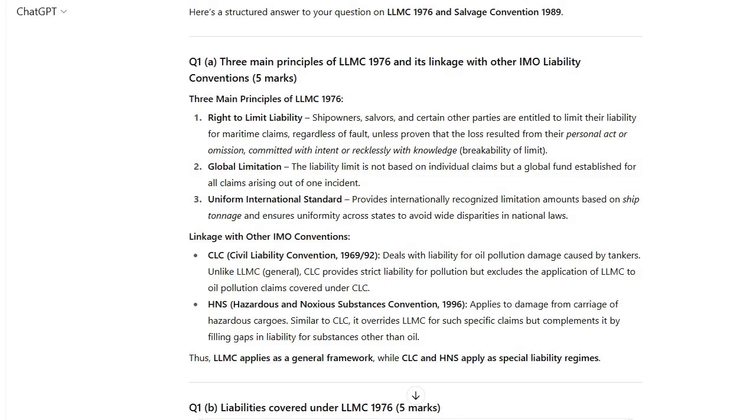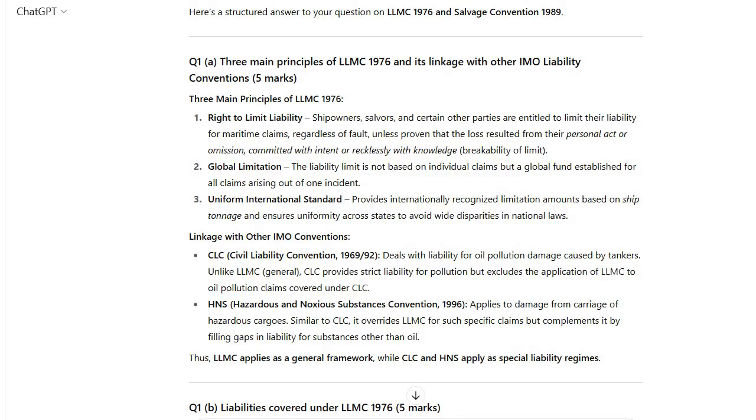LLMC is a general framework. So under the framework, there are also the CLC and HNS conventions that come into play. CLC deals with liability for oil pollution damage caused by tankers. See this, it is only for oil pollution caused by tankers, not bulk carriers, not general cargo, not containers, not passenger vessels.